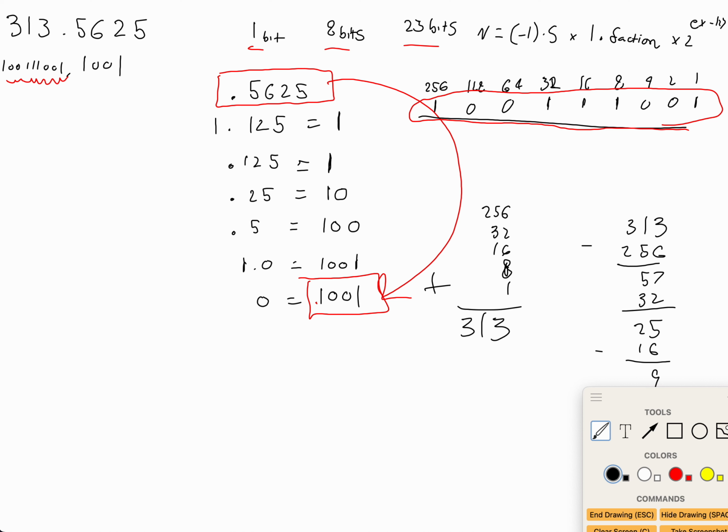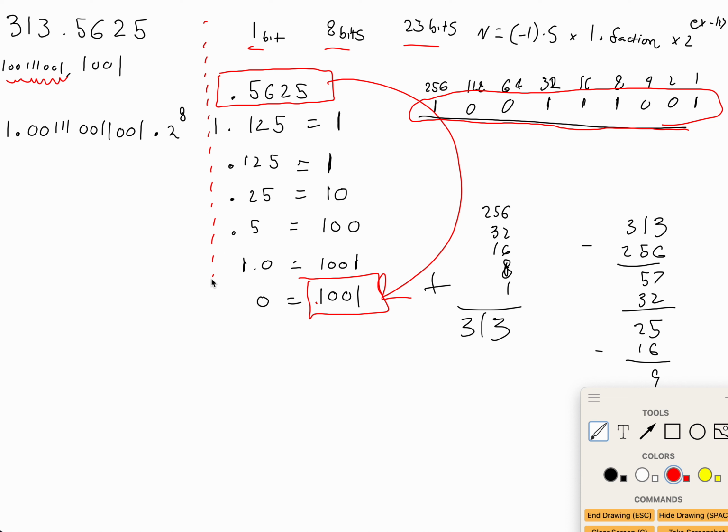So to rewrite that, we would write it as 1 point 0 0 1 1 1 0 0 1 1 0 0 1 times 2 to the 8. It's 2 to the 8 because we moved the binary point 8 spots to the left. And if I apply 2 to the 8, it would move this binary point 8 slots back to give us back our original number.